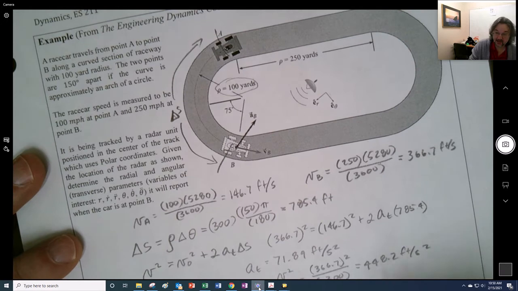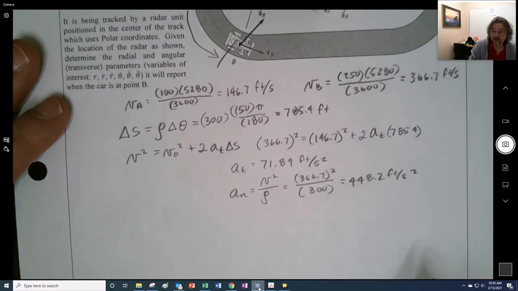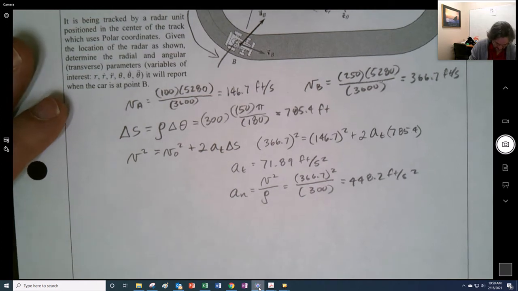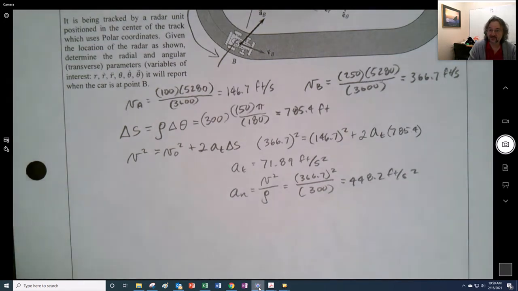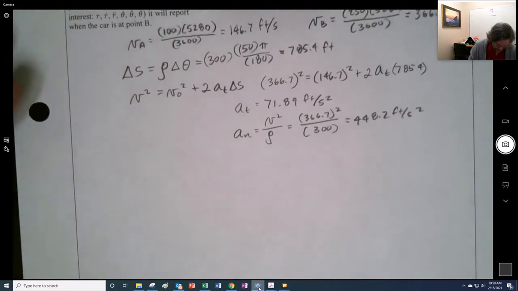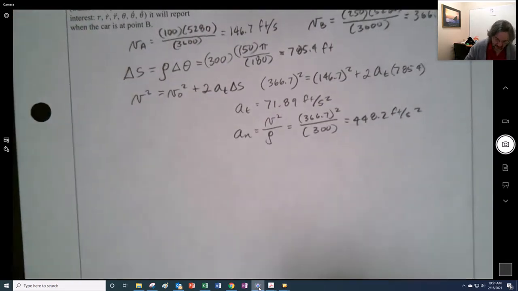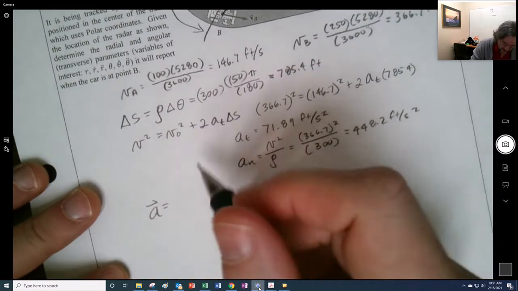Now this is a ridiculously large number, because if you divide it by 32.2, that's something obscene, like how many G's that's going to end up being. I think that would pretty much kill any human. 32.2, yeah, that's almost 14 G's. That's way crazy.